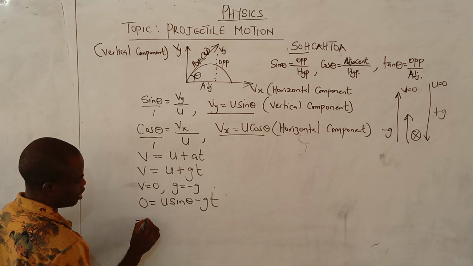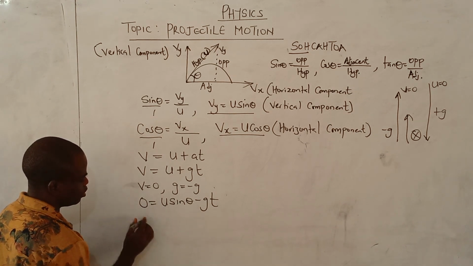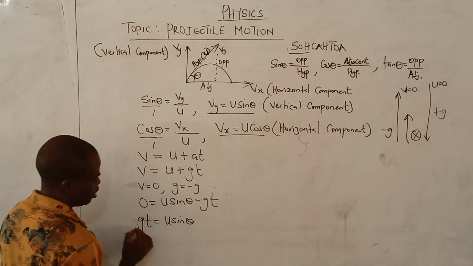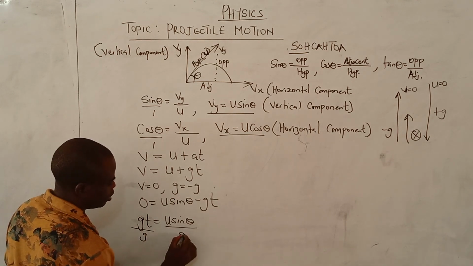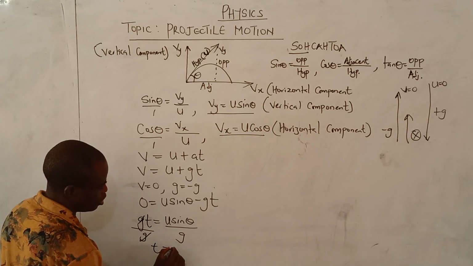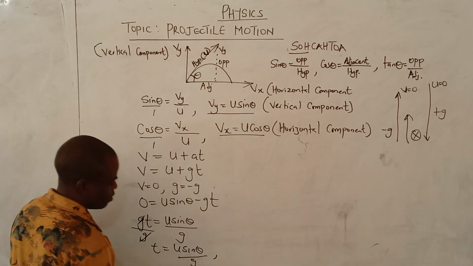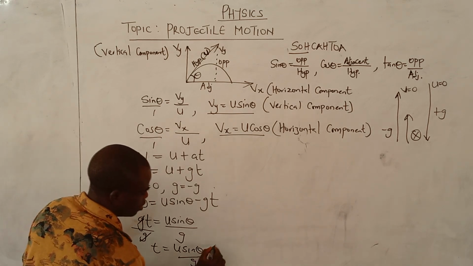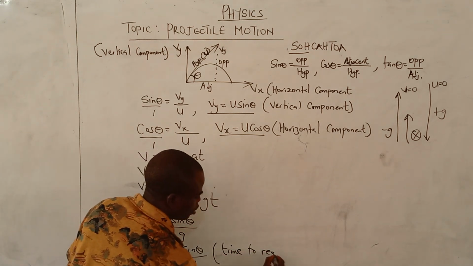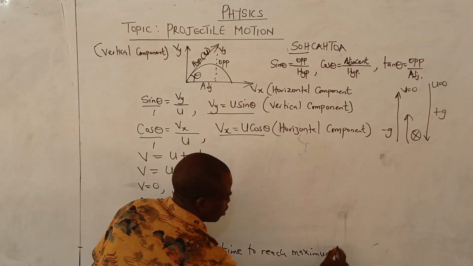Take it to the other side: gt equals u sine theta. Divide both sides by g, cancel, and t equals u sine theta over g. This is the time to reach maximum height.